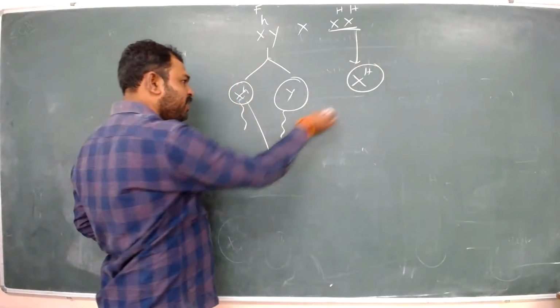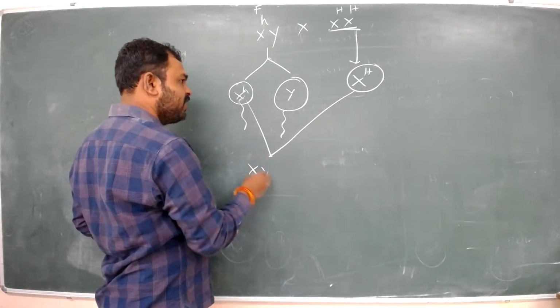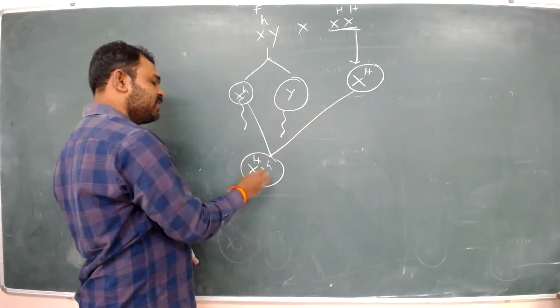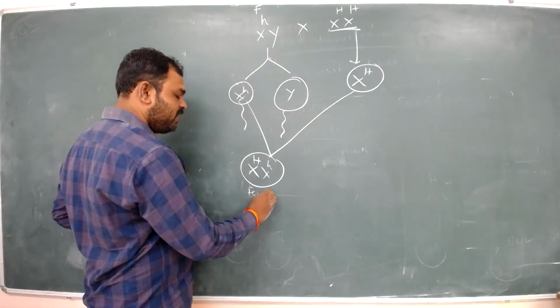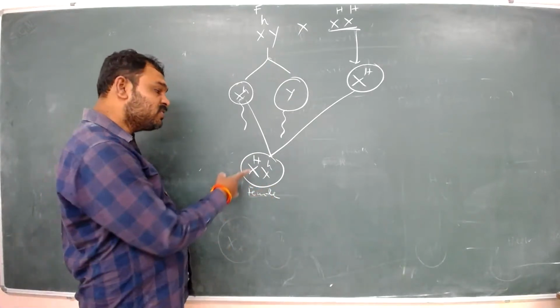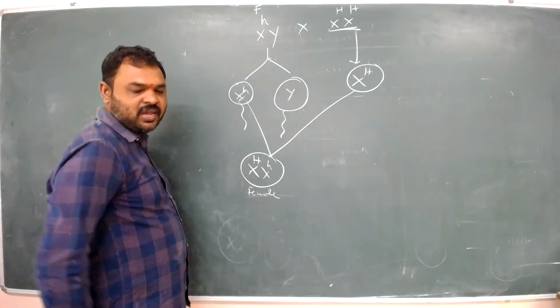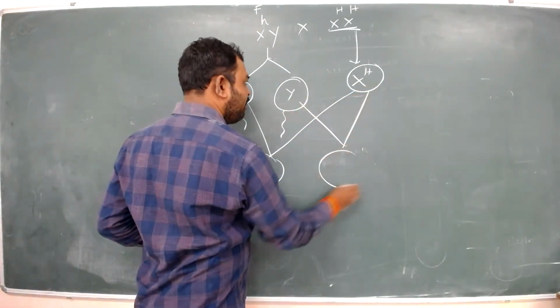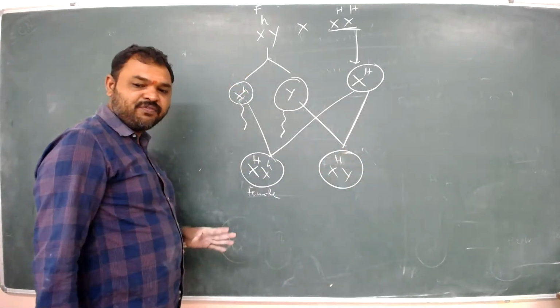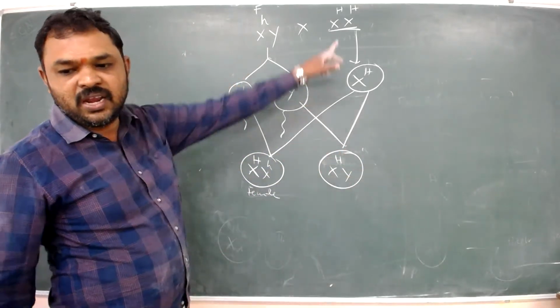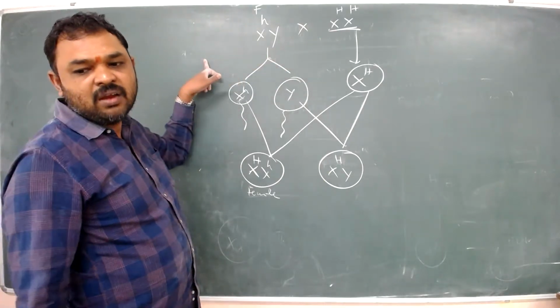This sperm can fuse with this ova. XX means female, the daughter, who is normal but heterozygous. And what would be born here? XY, a normal male, from a hemophilia father and normal mother.